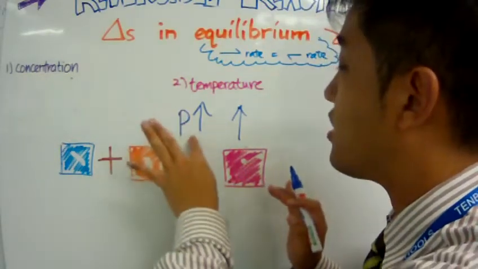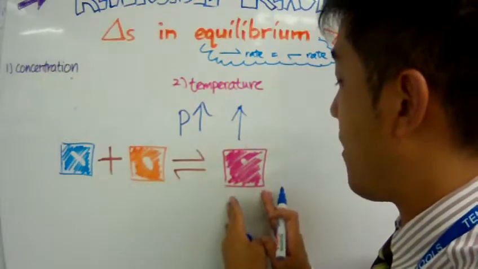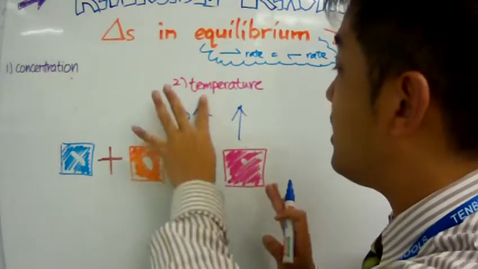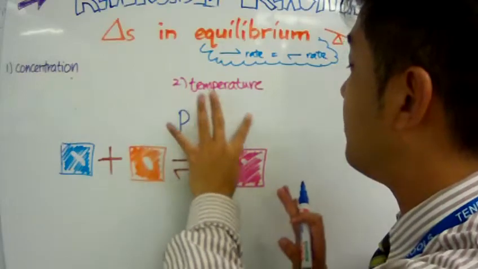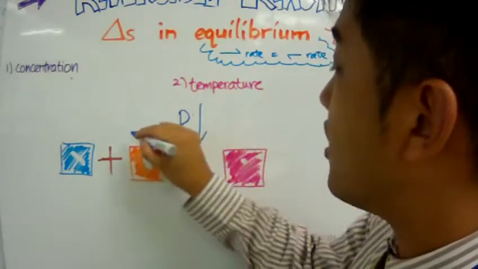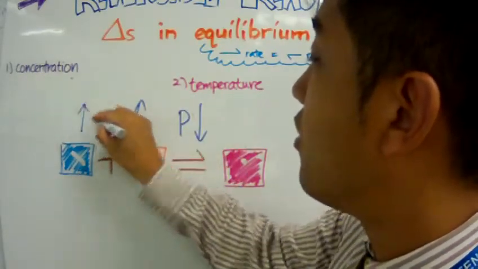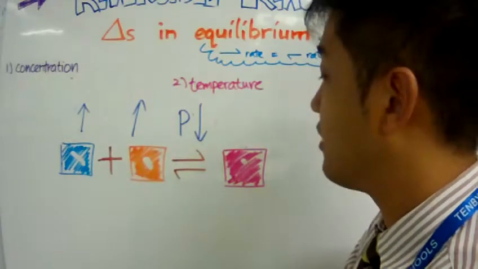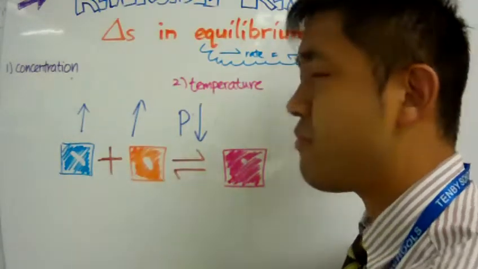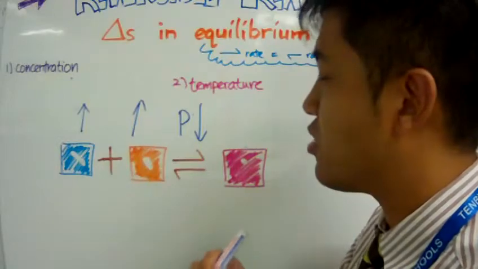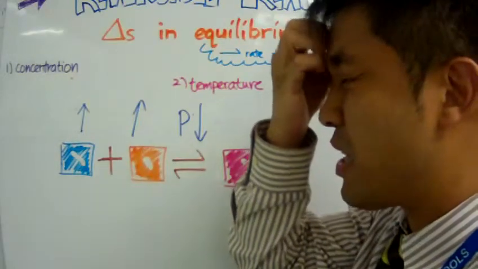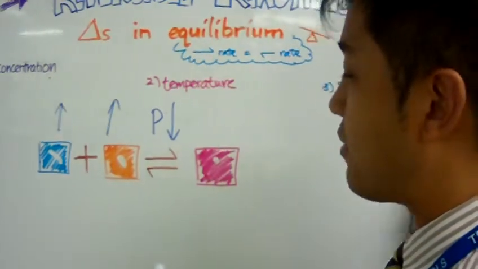So you increase the pressure, it's going to form more products. If you decrease the pressure, you're going to form more reactants.